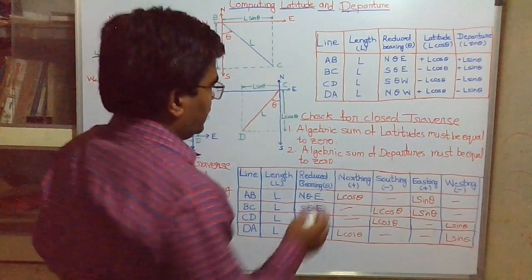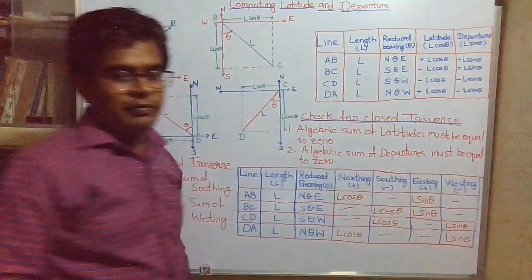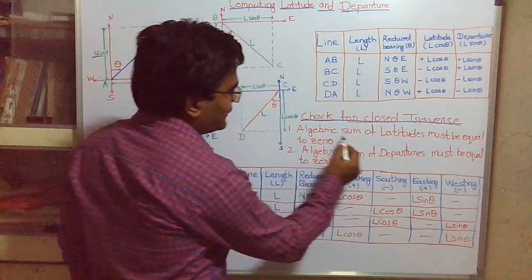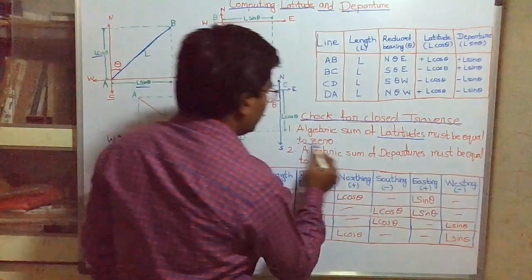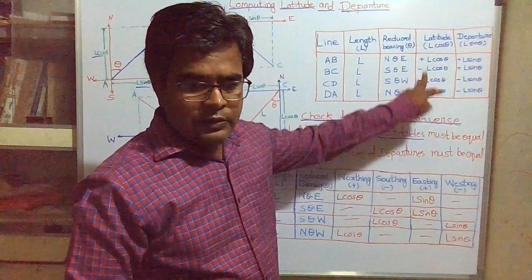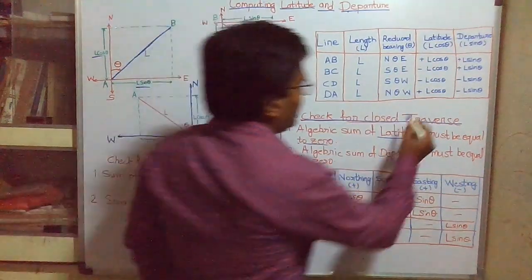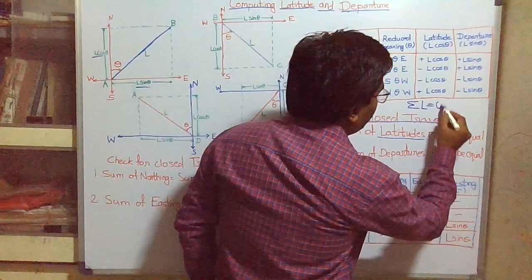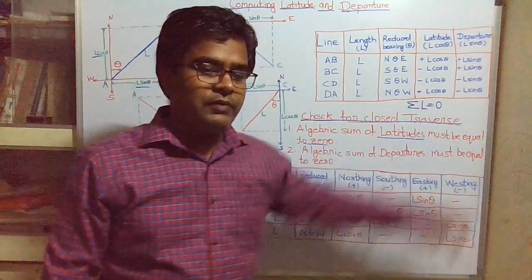There are some checks to see whether the traverse is closed or not. The algebraic sum of latitudes must be equal to 0. We compute the latitude for each line; some will come plus, some will come minus, and the algebraic sum of all these latitudes must be equal to 0.